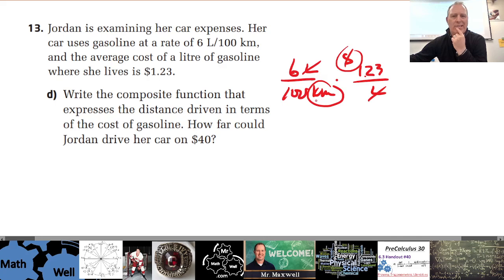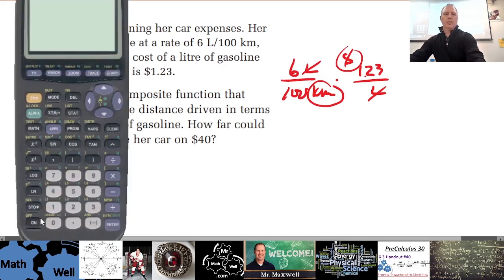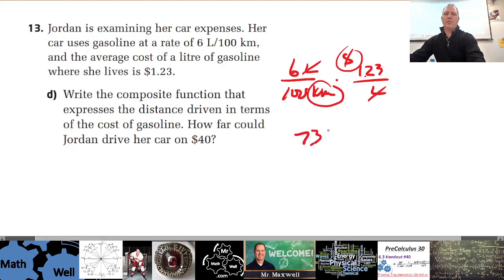Does that look good? So what's 6 times 1.23, or 6 times 123 divided by 100, so 7.38. So I've got 7.38.